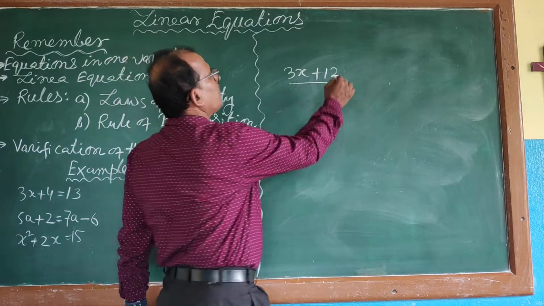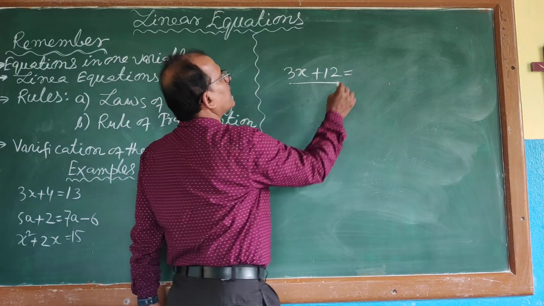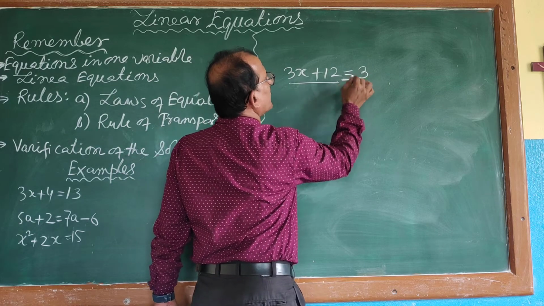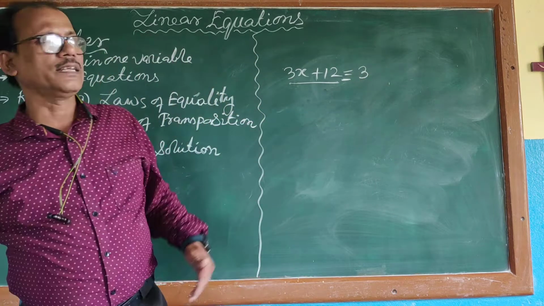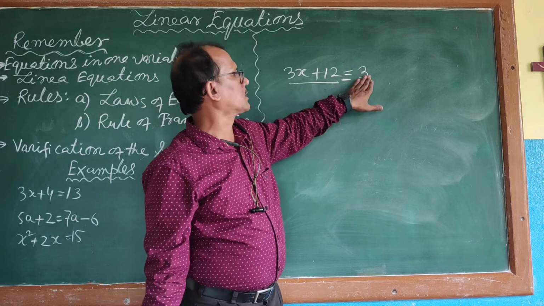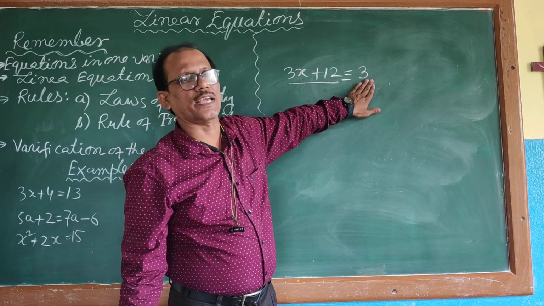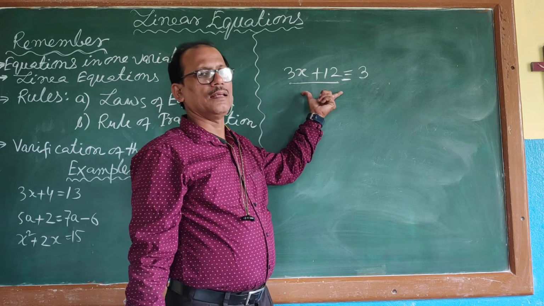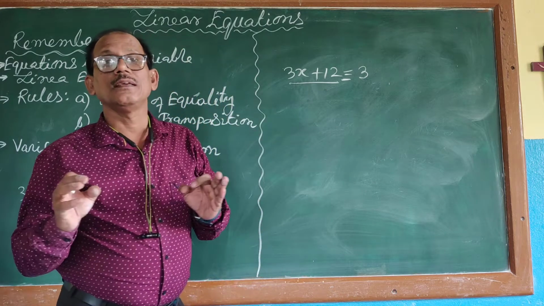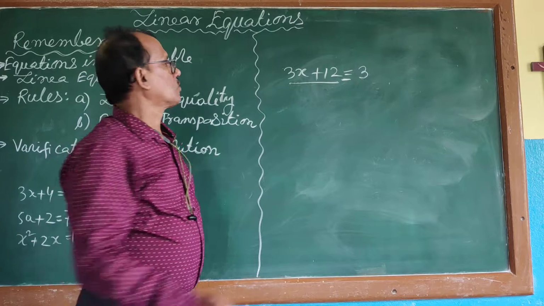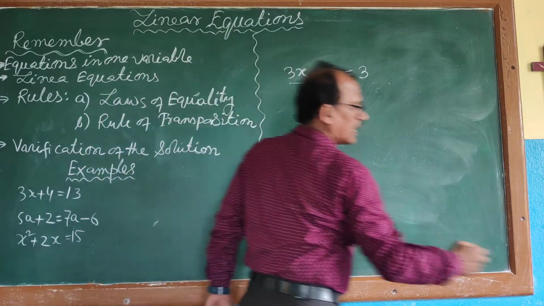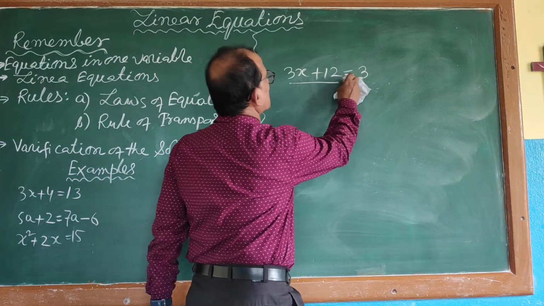So children, if on the other side you put an equal to sign and write another algebraic expression or only a constant term, then this becomes an algebraic equation. So an algebraic equation will have an equal to sign.